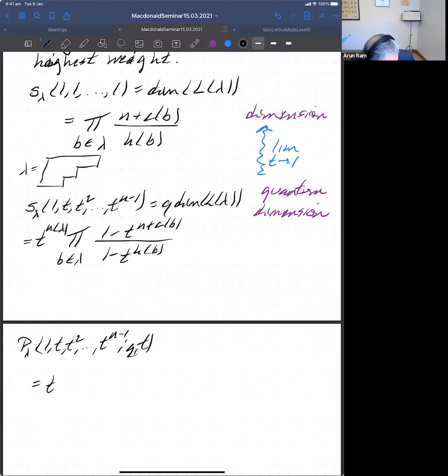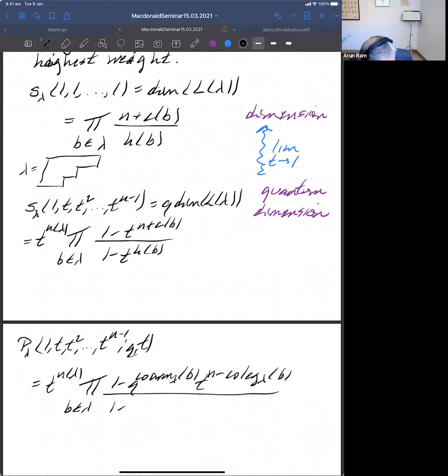And so this also has t to the n(lambda). And now it's the product over the boxes of 1 minus q to the coarm, t to the n minus the coleg, divided by q to the arm of the box, t to the leg of the box plus 1.